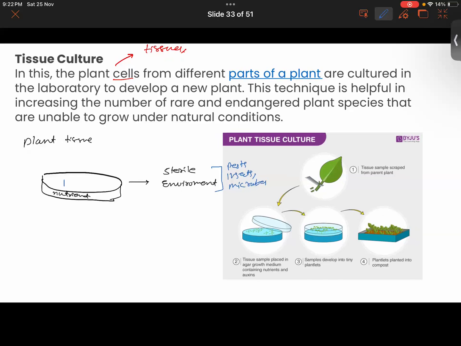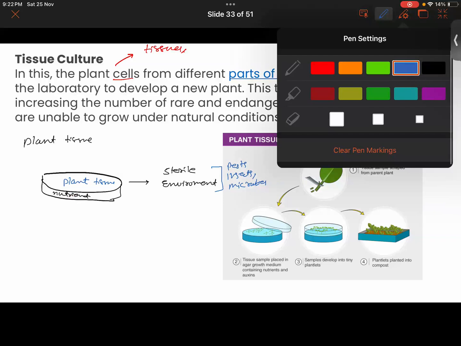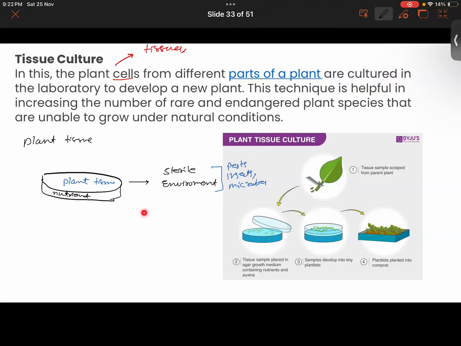So I have placed plant tissue in a special medium that has so much nutrition in it, and I have maintained appropriate growing conditions for this plant. Now this plant tissue can be induced with certain types of hormones.